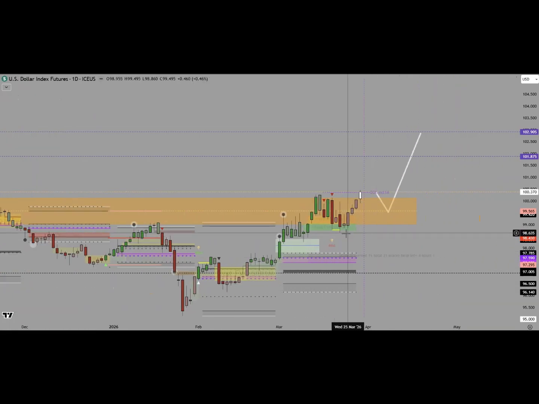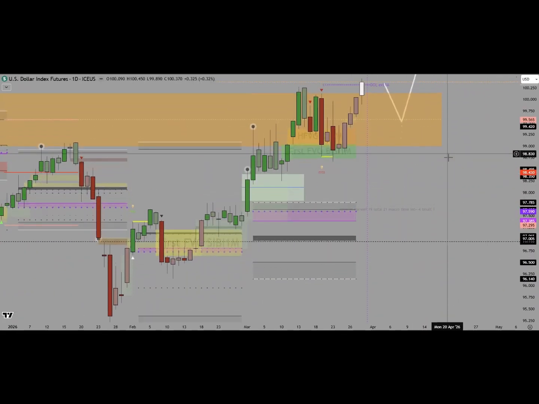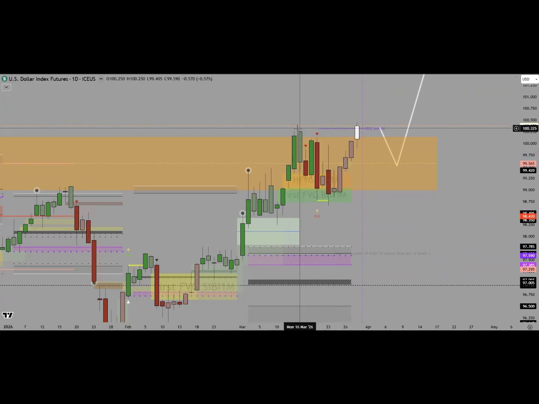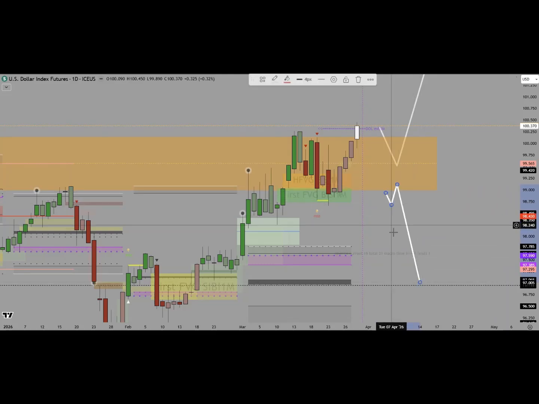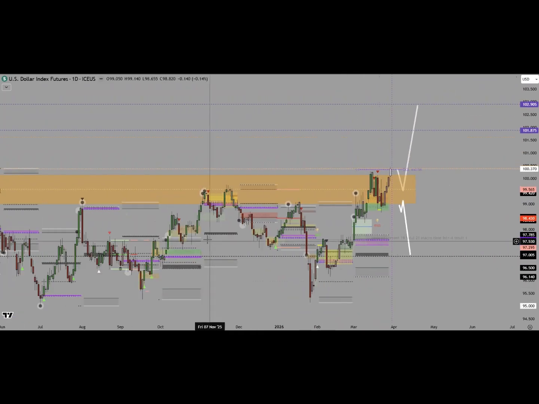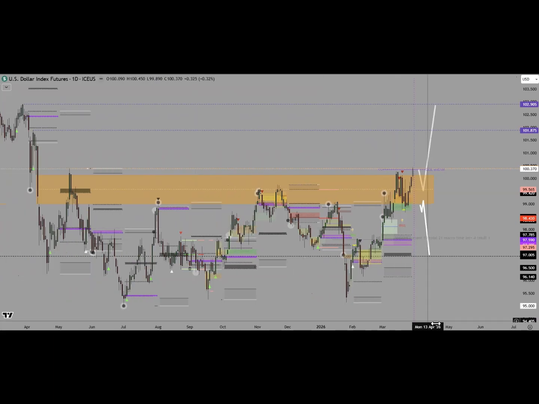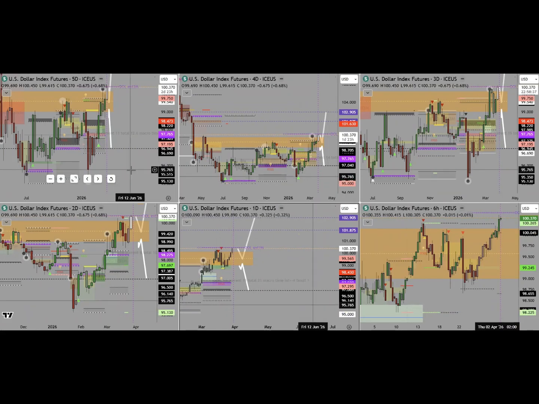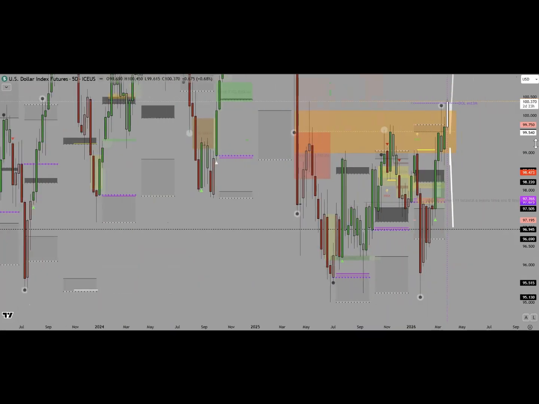But notice over here we see a fake market structure shift. We managed to trade below this, form a swing high in this area. It's likely that we're going to continue lower into the 50%. Yes, that's the business for the dollar.